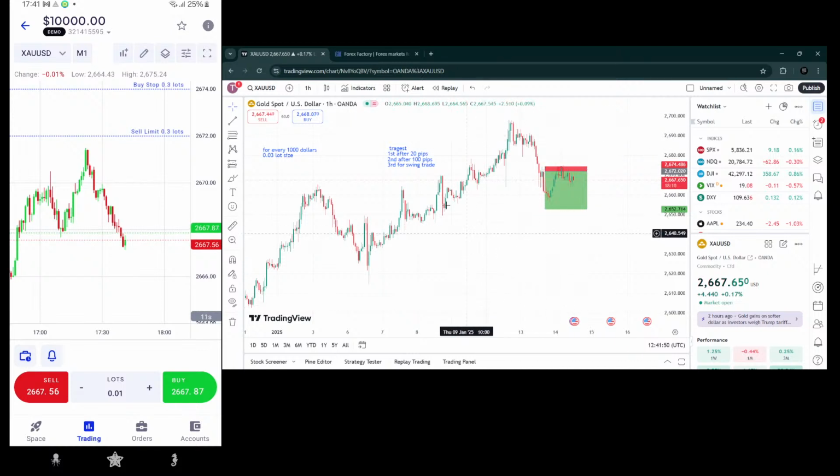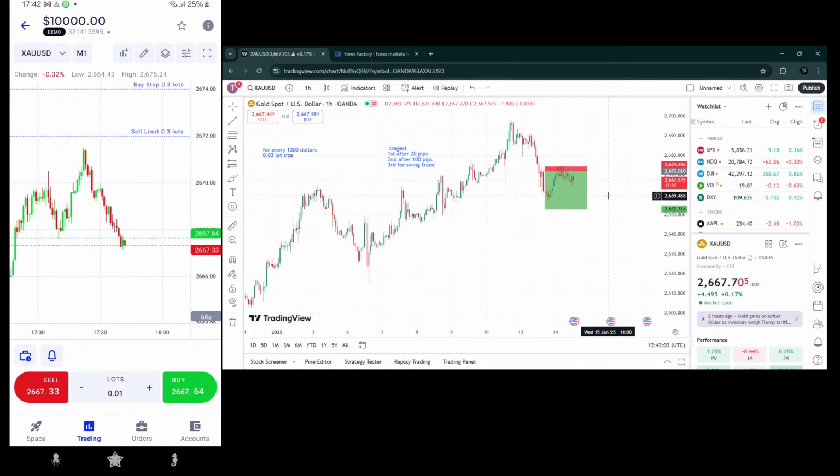So always make a break even, and always book some profit once you are in profit. So as you can see, the market is on 2667. The market is going down, and it doesn't open our trade today, but we will still wait. What's going to happen, we'll see.